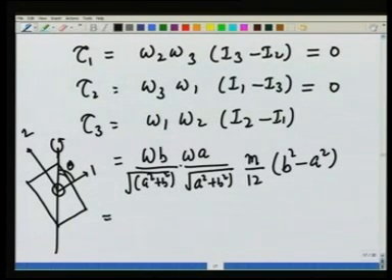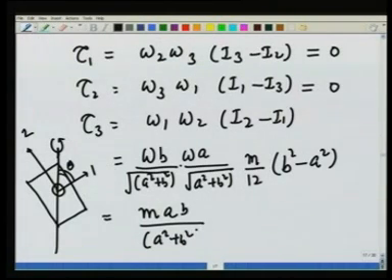So, this gives me the same answer, m a b over (a square plus b square), 12, omega square, (b square minus a square).